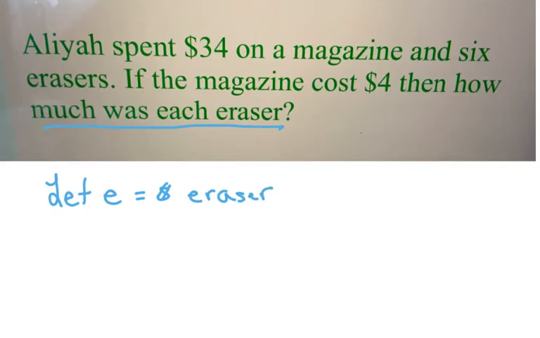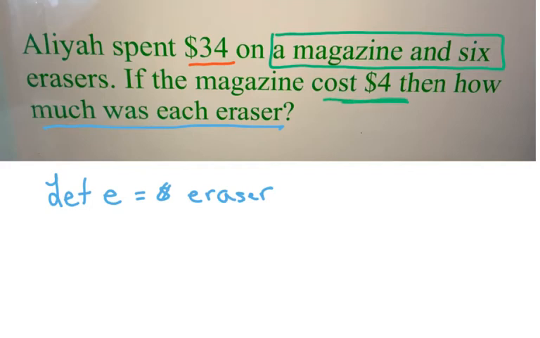So now let's set it up. Well, she spent a total of $34 on a magazine and 6 erasers. We know how much the magazine costs at $4, but we don't know how many erasers.